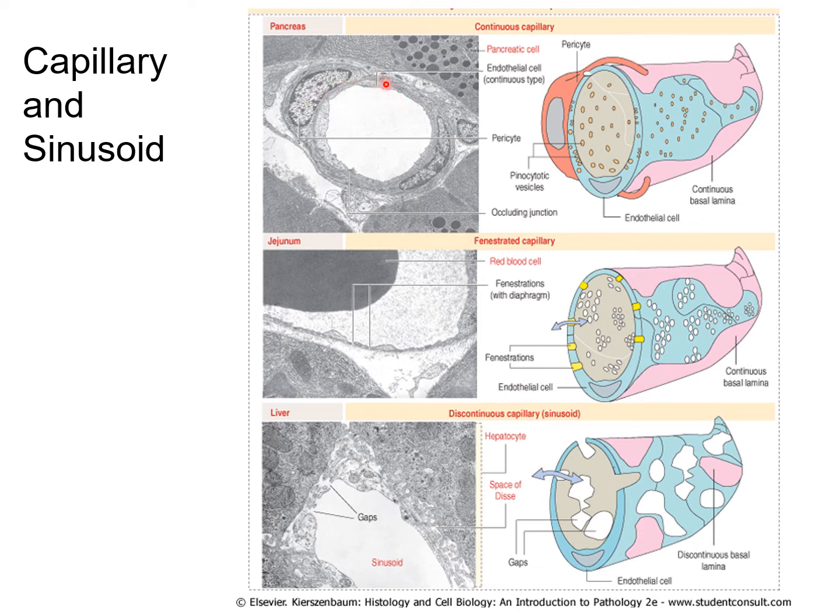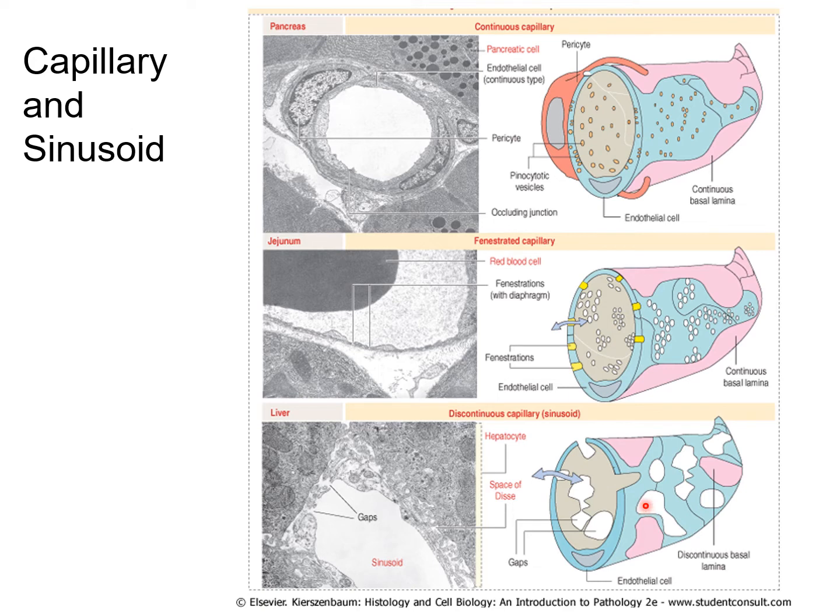In electron microscopic picture, one can see the nucleus of the endothelium, and another cell just outside the endothelium, called pericyte. There are small gaps and bigger gaps. Where bigger gaps are there between the adjacent endothelial cells, these are called sinusoids.